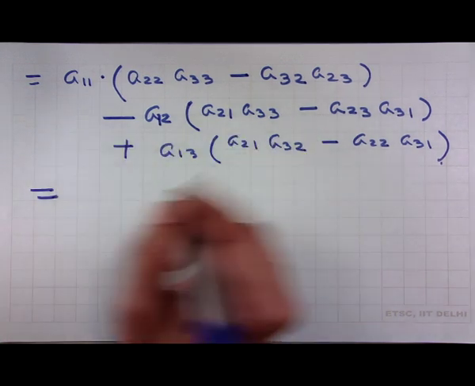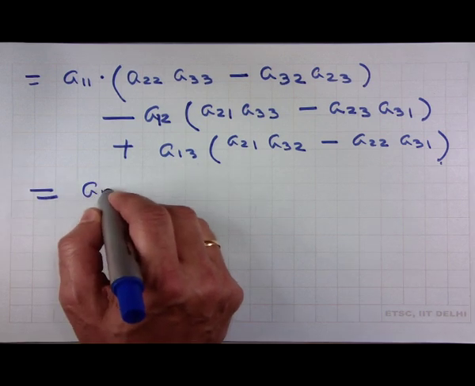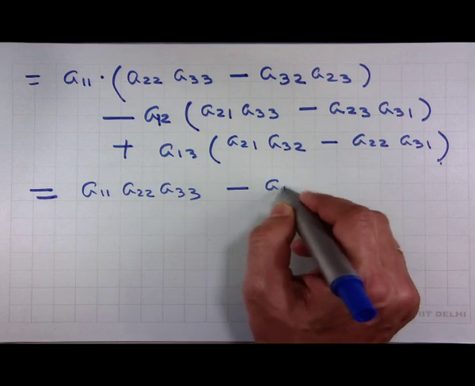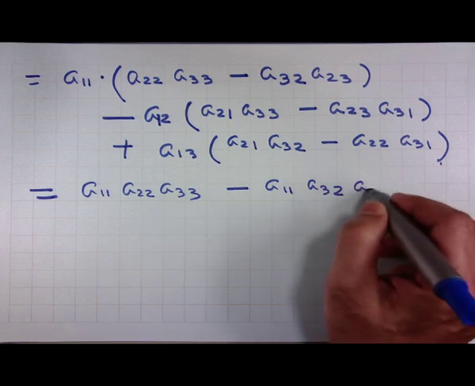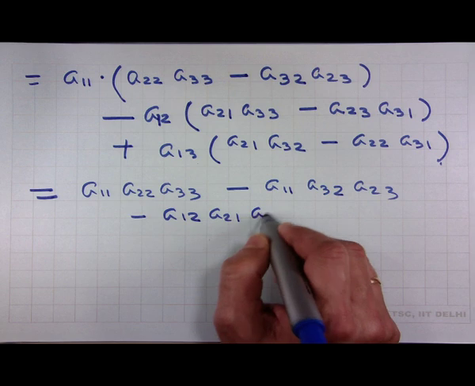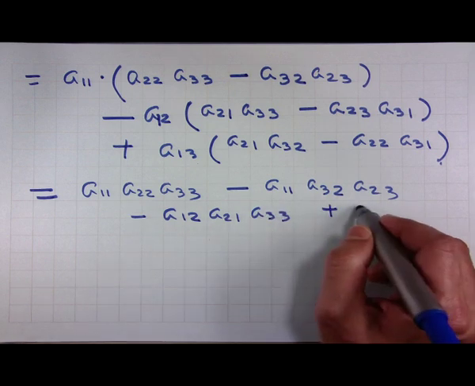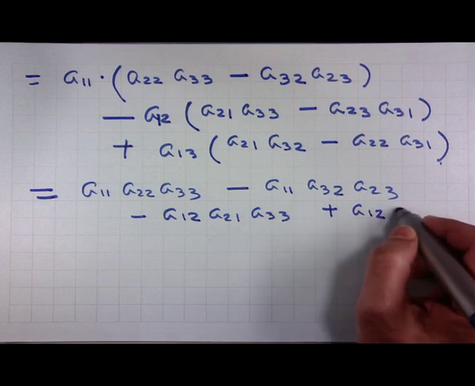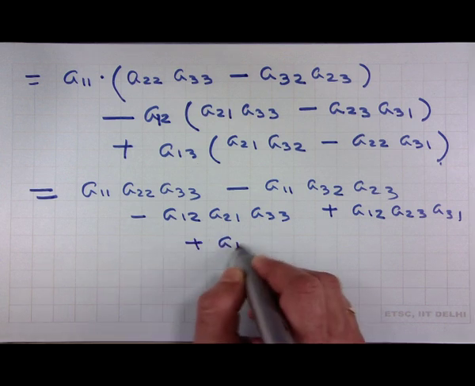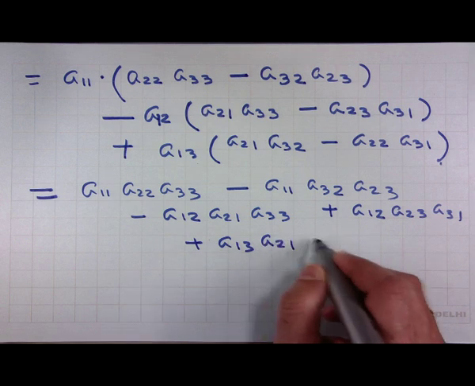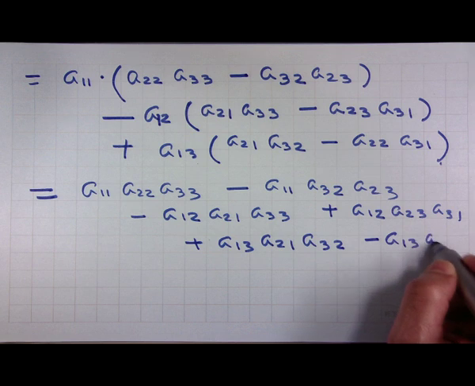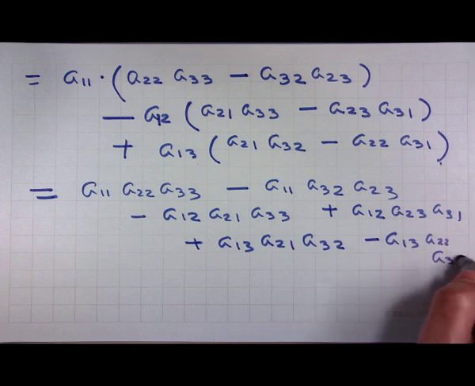If I expand it further, I get A11 A22 A33 minus A11 A32 A23 minus A12 A21 A33 plus A12 A23 A31 plus A13 A21 A32 minus A13 A22 A31.